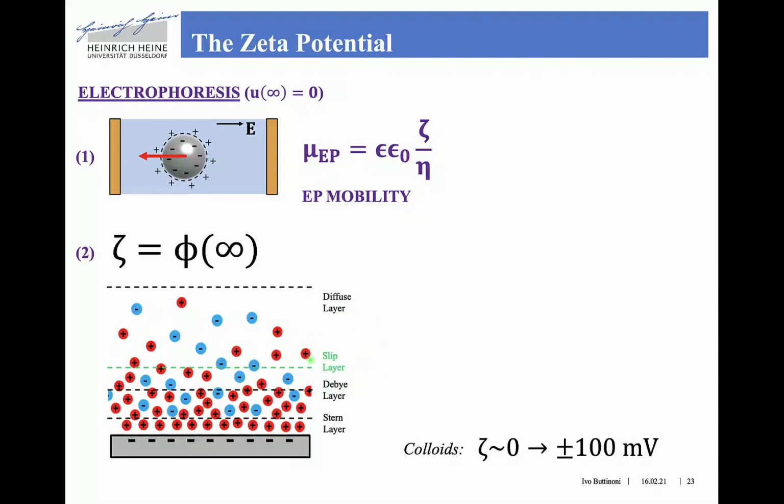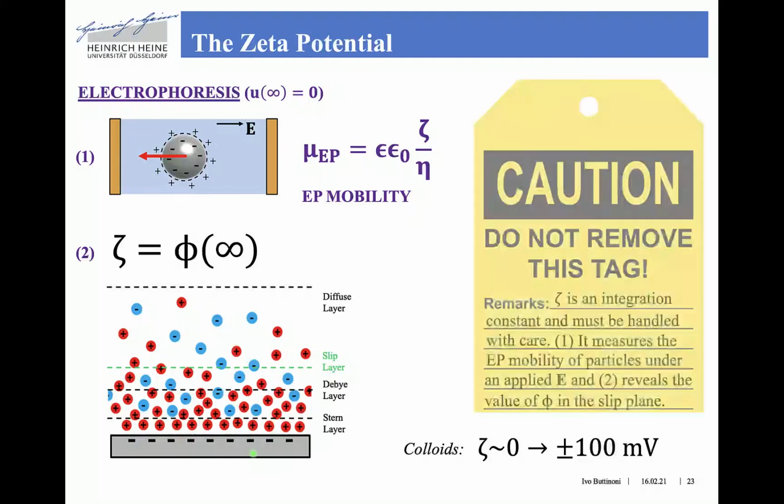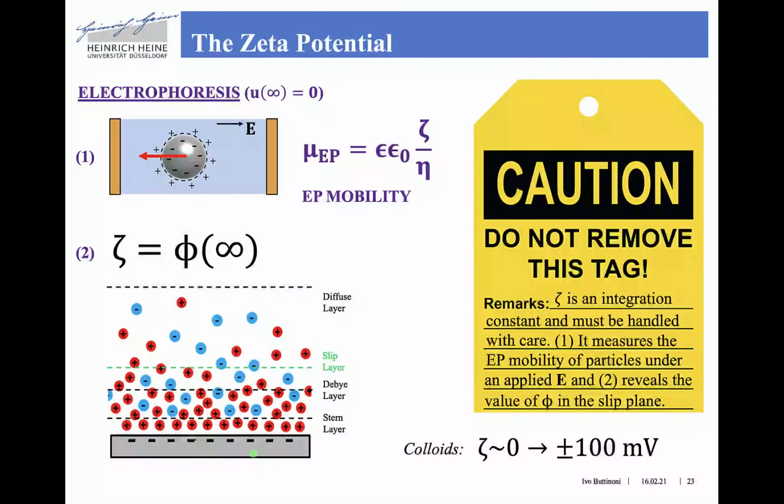It is very important to keep in mind that this zeta potential cannot be used to extrapolate the surface potential of the particle, since the exponential decay is no longer valid near the solid surface, where the distribution of ions is much more complicated. So here, just keep in mind what a zeta potential really is.